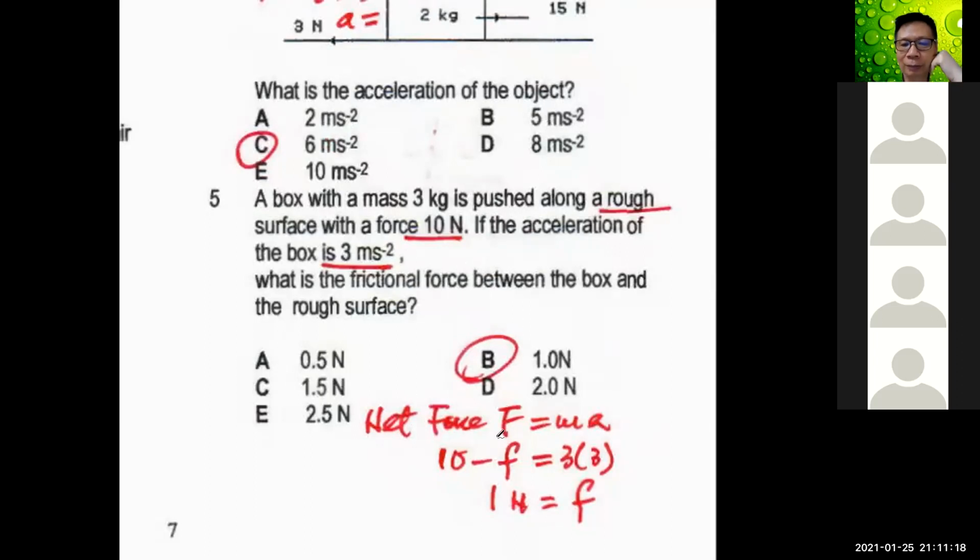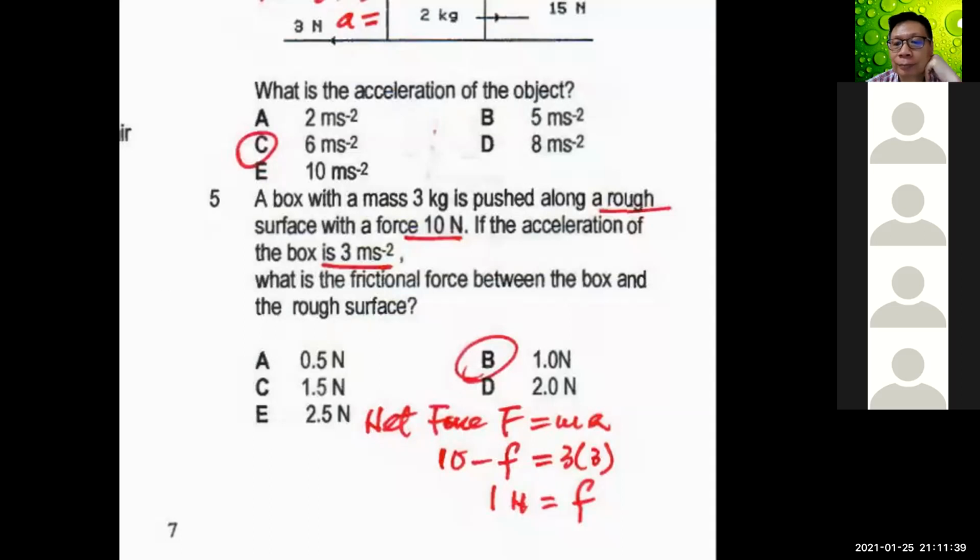Because the question says there is friction, they ask you to find the friction. So the pulling force is 10. Pulling force minus the friction equals ma. m is 3, acceleration is 3. So you solve the equation, you get friction 1 Newton.